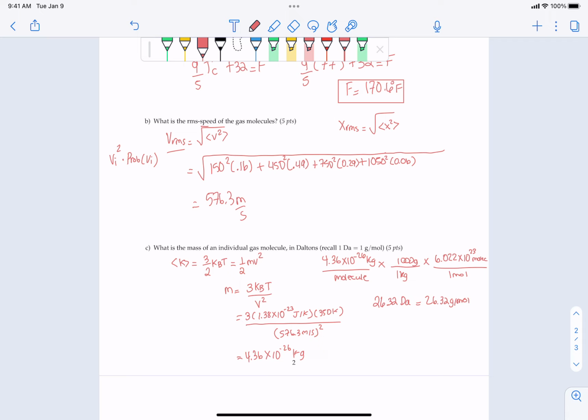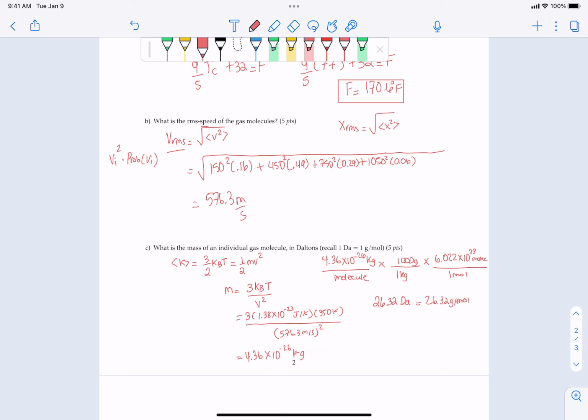So that's just a variable that you can throw in. If I'm looking for the RMS speed, I just put V there, right? But it's all the same.